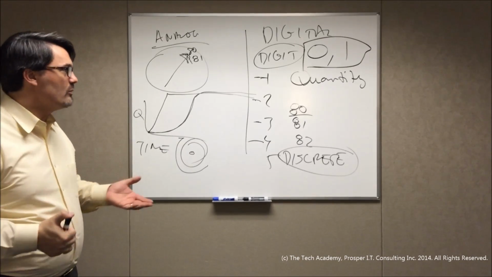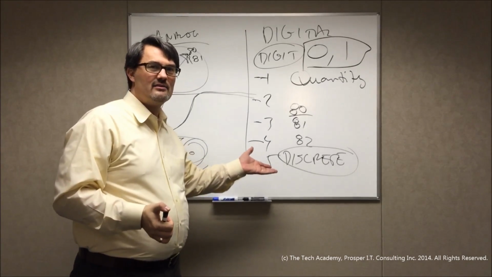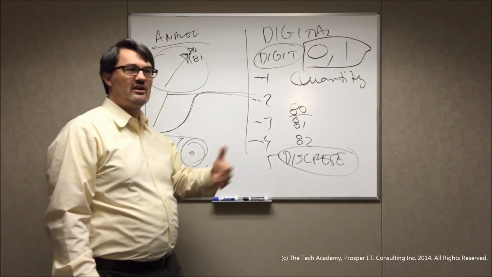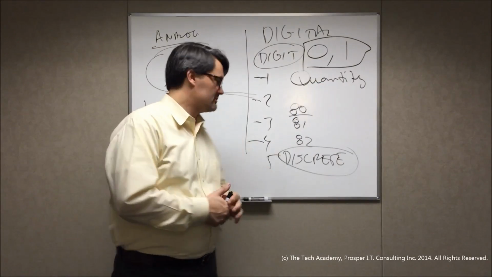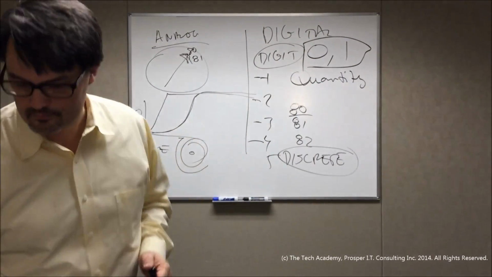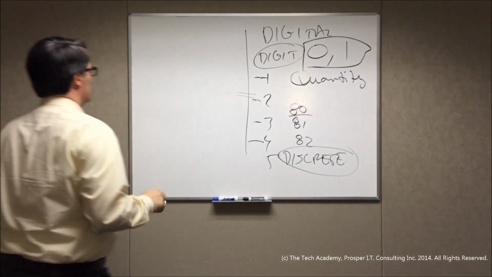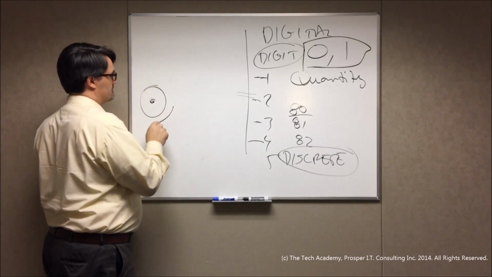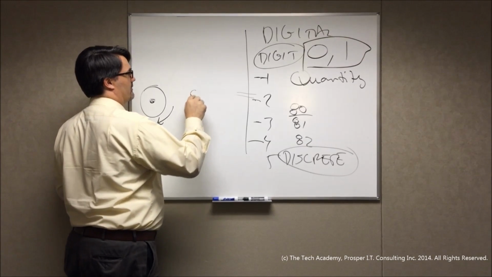So, how do we get computers to do things like show us speed, rates of change, things that actually happen over time? Here's how. Let's say you've got that wheel and it's turning. And over here you have a computer.